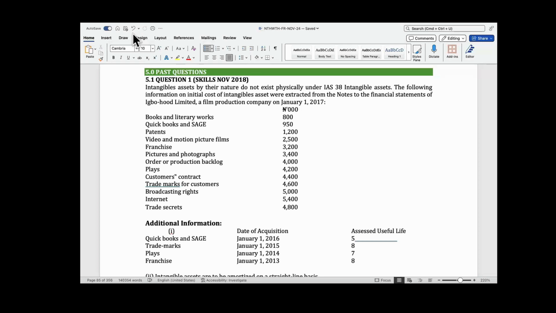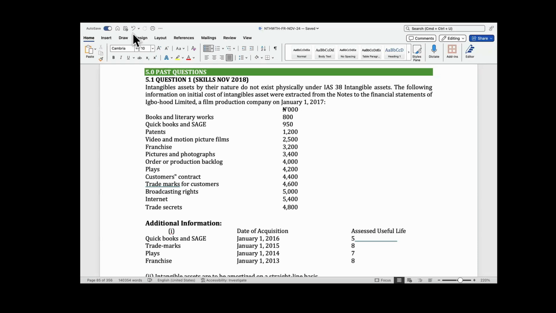Books and literary works, 800. QuickBooks and Sage, 950. Patents, 1.2. Video and motion picture films, 2.5. Franchise, 3,002. Pictures and photographs, 3,004. Order or production backlog, 4,000. Plays, 4,002. Customers contracts, 4,004. Trademarks for customers, 4,006. Broadcasting rights, 5,000. Internet, 5,004. Trade secrets, 48.